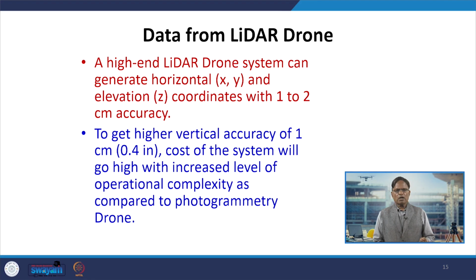The horizontal or planimetric coordinates are x and y, and the height coordinate is z, and we are getting accuracy up to 1 to 2 centimeters, which is a pretty high accuracy which we do not get from any other devices so easily. We can get vertical accuracy much better, but in that case the cost of the system will go higher, and the operational complexity will also increase as compared to the photogrammetric drone.